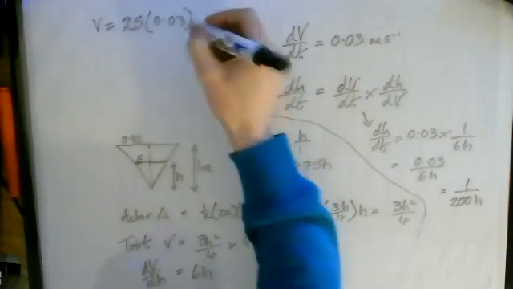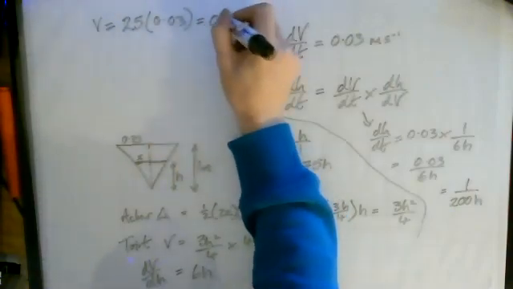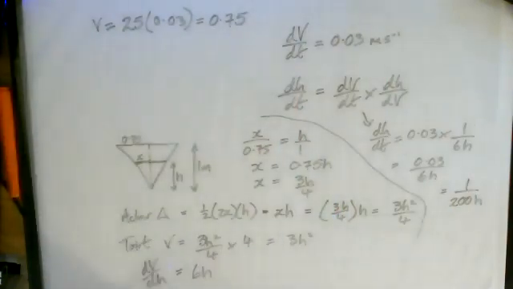Okay, I guess we should do 0.75. So when the water has been running for 25 seconds, we can get h.